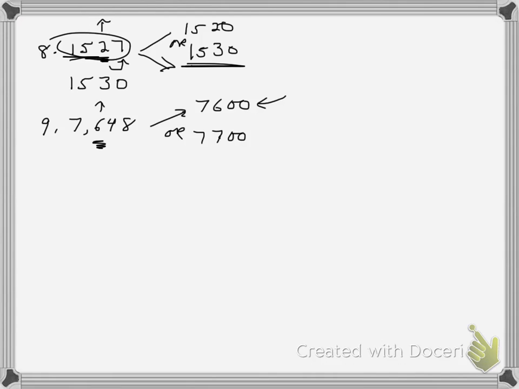But let's look at it another way. Do I round the 6 up or leave it the same? Copy the 7. How do I identify whether I round it up or keep it the same? Look immediately to the right. That is less than 5, so I leave it the same. Everything to the right becomes zeros. So again, study that skill if you got confused or have forgotten how to do it.